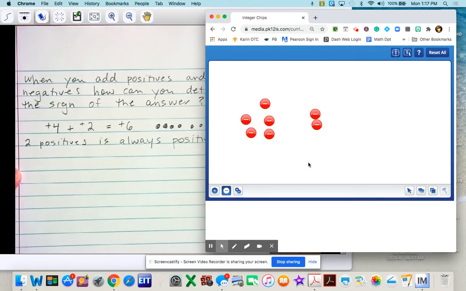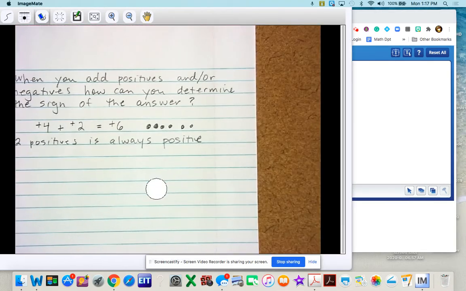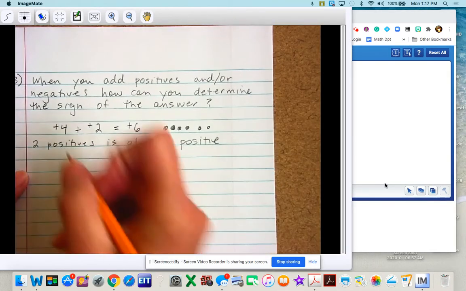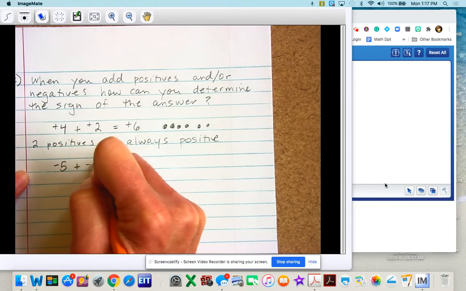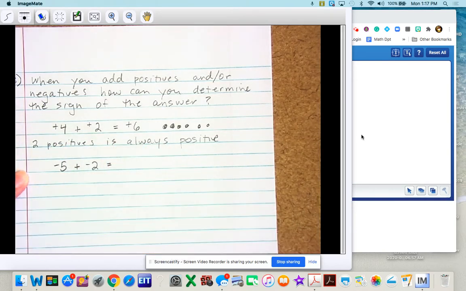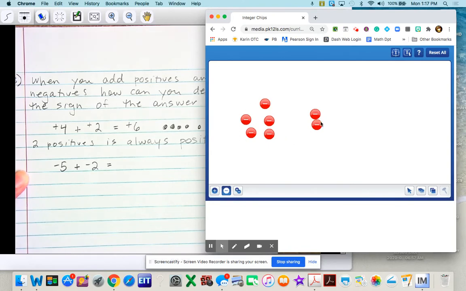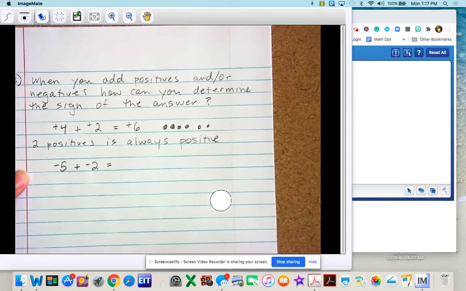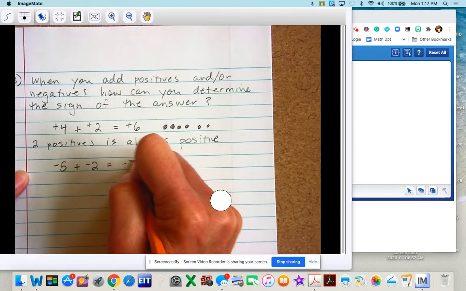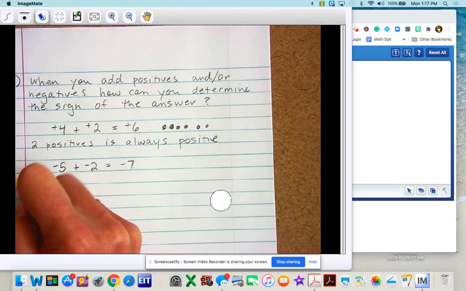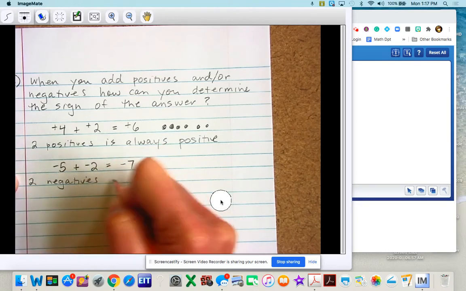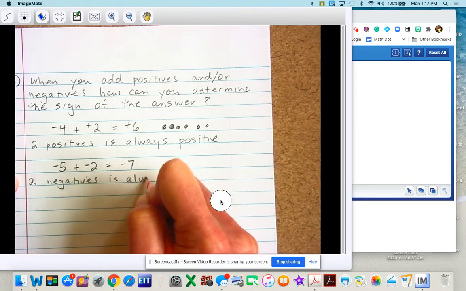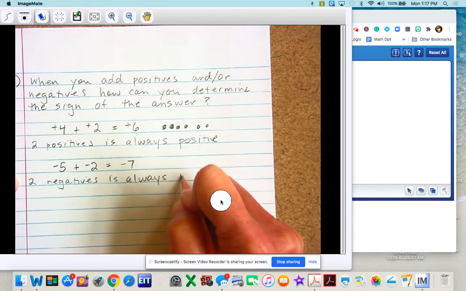So let's look at that in words. If I've got -5 plus -2, how many negatives do I have all together? These 5 and these 2, I should end up with -7. So 2 negatives is always negative.